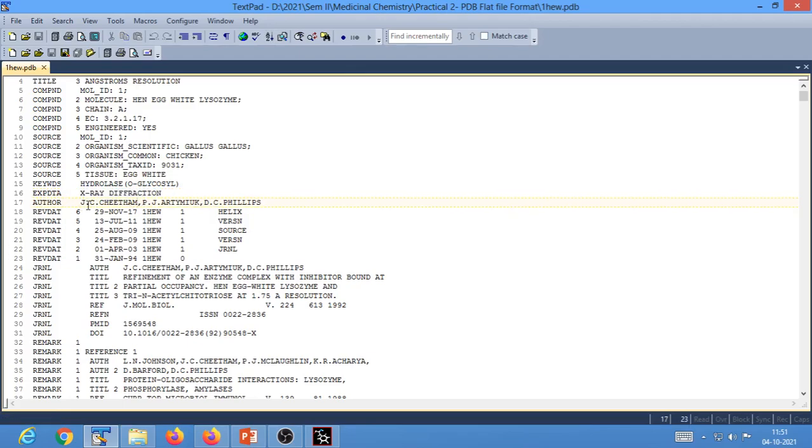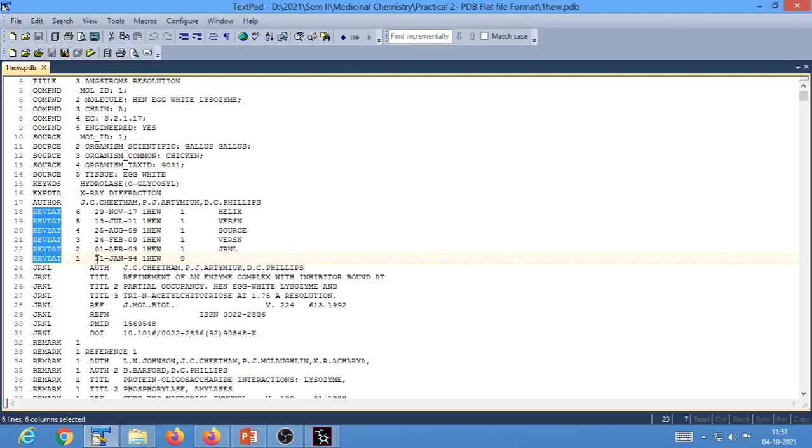The author line gives you how many authors were involved in that study. REVDAT is this particular set of keywords that would give you an idea as to how many times this particular entry was revised.